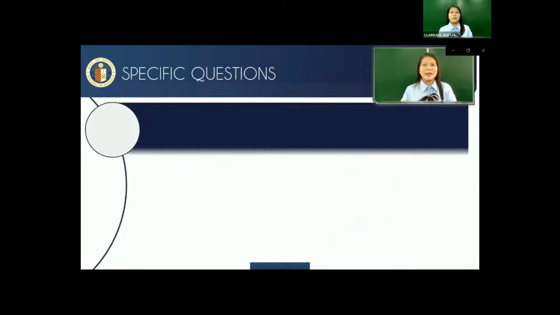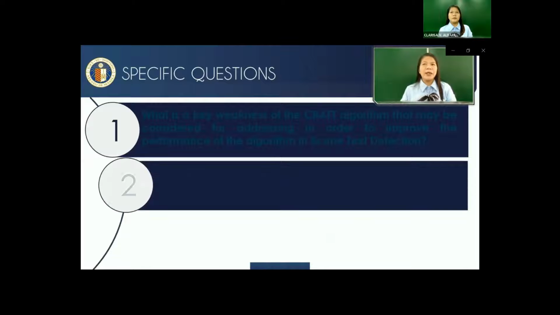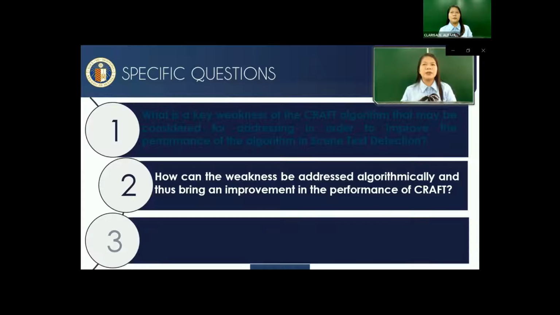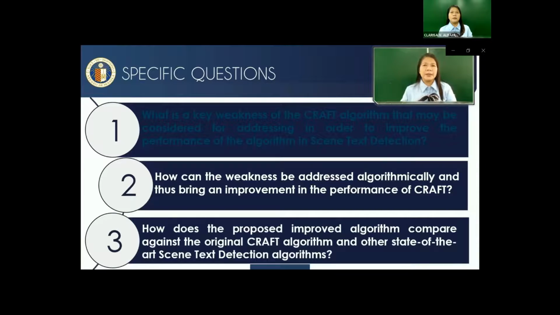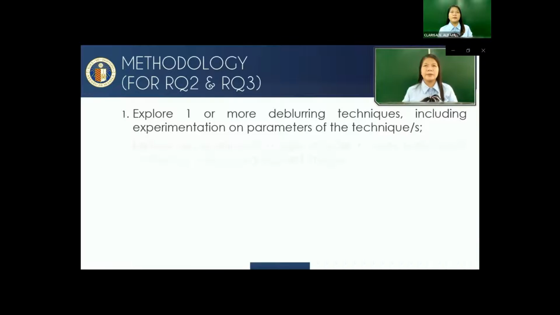After identifying the weakness of the CRAFT algorithm, we can now proceed to our research questions: how can the weakness be addressed algorithmically and thus bring an improvement in the performance of CRAFT? And how does the proposed improved algorithm compare against the original CRAFT algorithm and other state-of-the-art scene text detection algorithms?